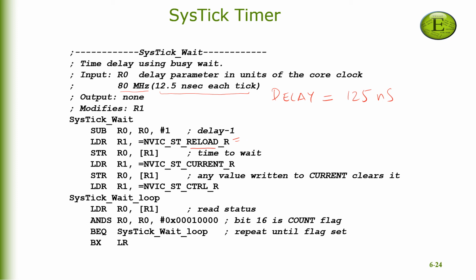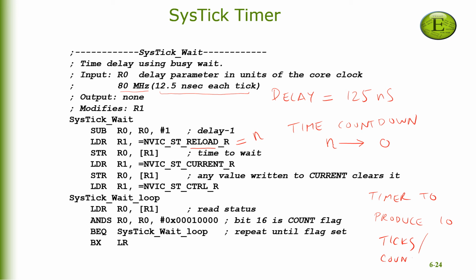So remember, we said earlier that if the value of the NVIC reload register is n, the timer is going to count down all the way from n to 0. It is actually counting modulo n, right? So we want our timer to produce how many ticks? 10 ticks, or 10 counts, 10 countdowns.